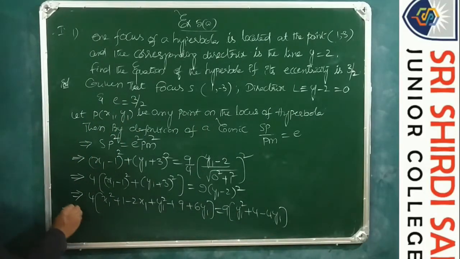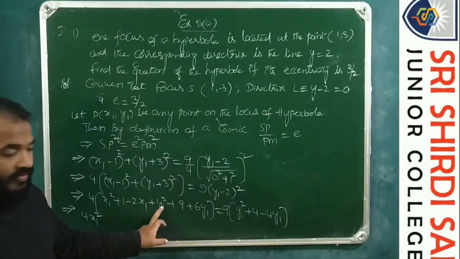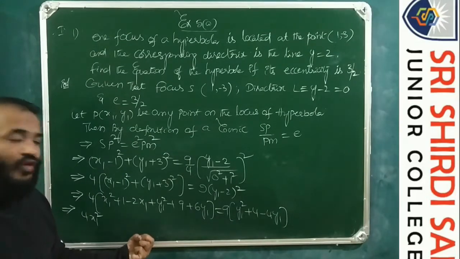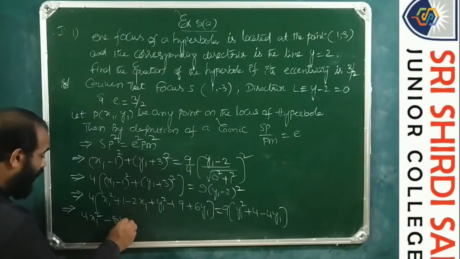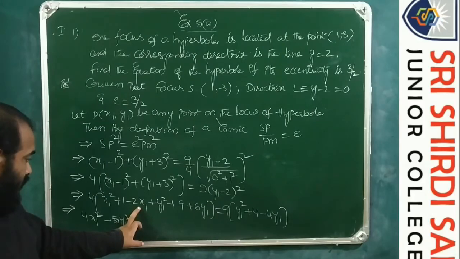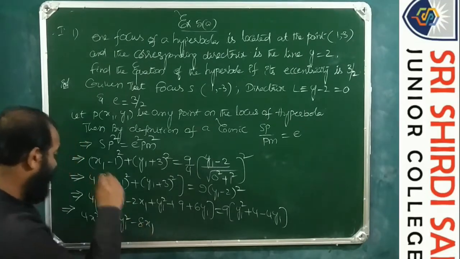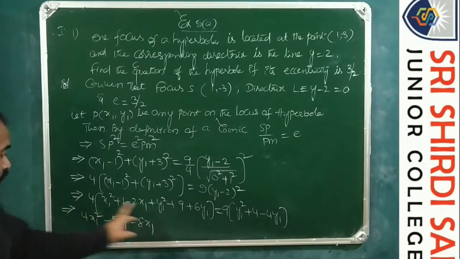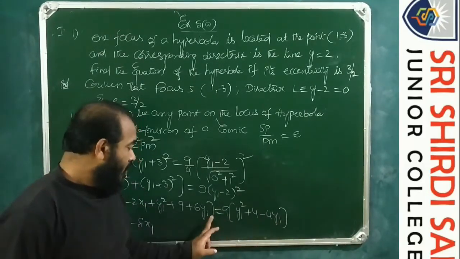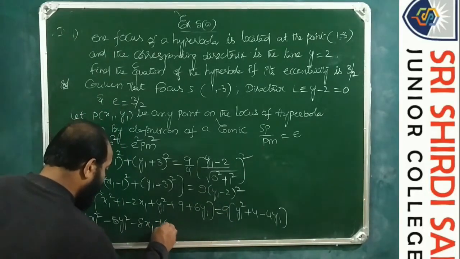So this is equal to 4x1 square, 4 into y1 square, 4y1 square, plus 9y1 square, if you bring to this side, minus 9. 4 minus 9 is minus 5y1 square. Next, 4 2s are 8x1, so plus 8x1. Here 4 times minus 6 is minus 24y1. This 9 times minus 4 is minus 36y1. If you bring it to this side, 24 plus 36 is 60y1.